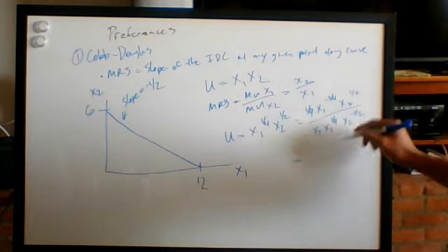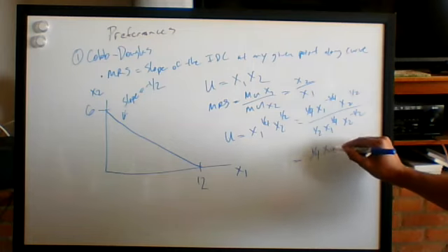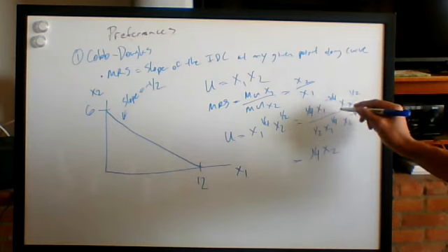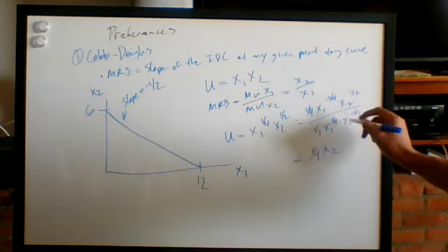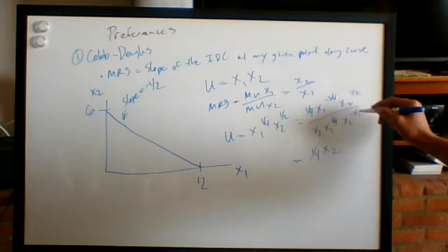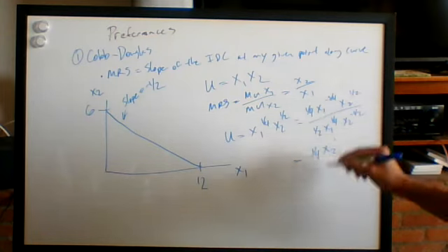So this right here turns into 1/4 x2, and then because the x2 terms are now being multiplied to one another, you just add the exponents. So this becomes positive 1/2 plus positive 1/2. So it's just x2 to the 1, I guess.